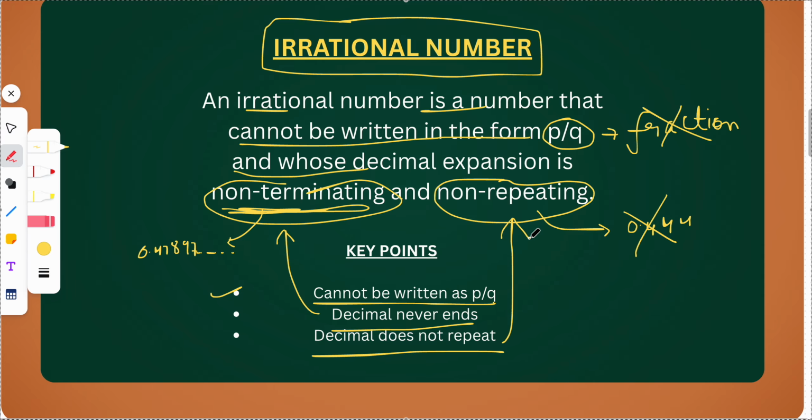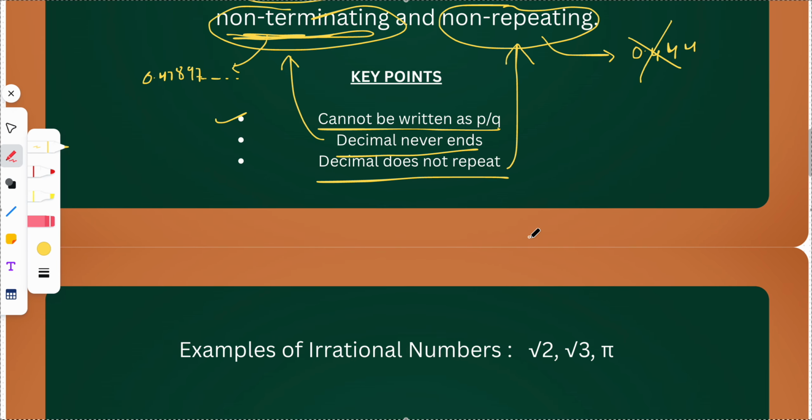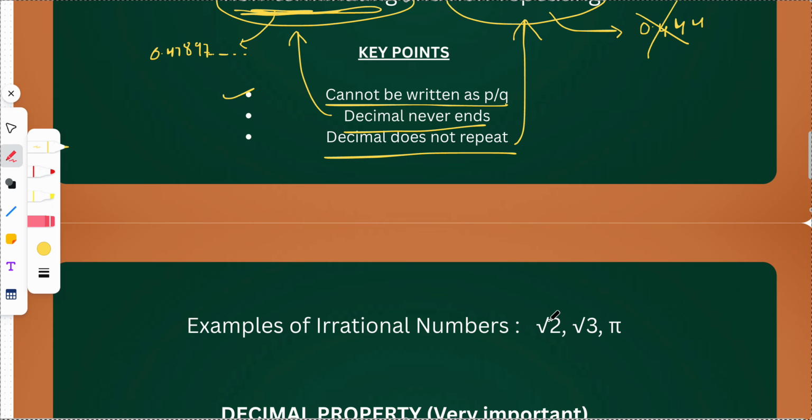Got it? Now if we move forward and see some examples of an irrational number, like the example of root 2. If someone asks you, is root 2 a rational number or an irrational number, you will directly say that root 2 is an irrational number. And why is it so? Because I'll tell you, root 2's value is generally 1.41421.